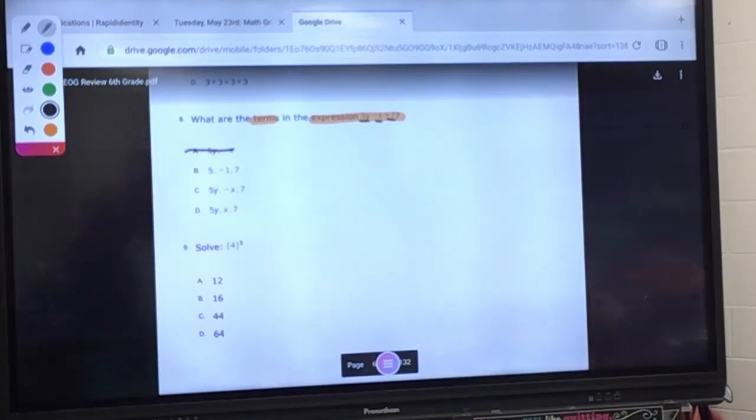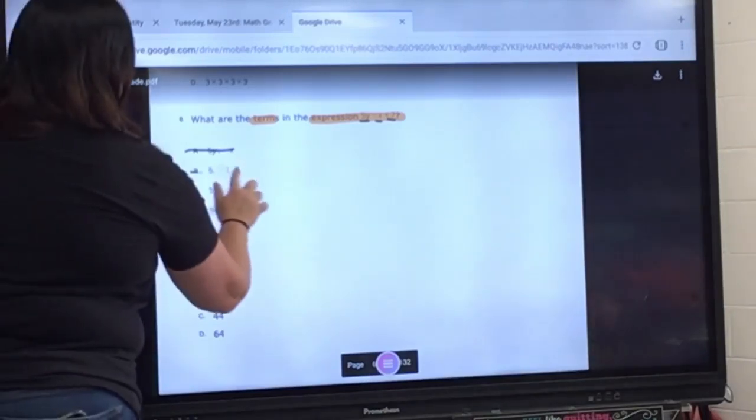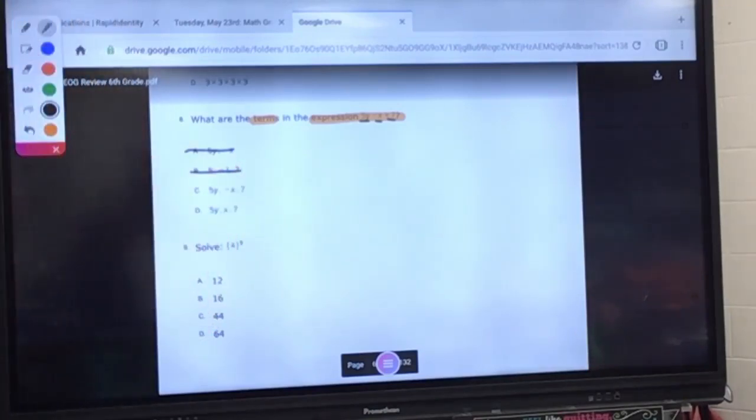Is that our correct answer? So we're kind of hesitant, but the majority of us are saying no. Okay, why would this not be our answer? Zoe? Because there's a random minus 1 there. There's a random minus 1, and what is the 5 missing? The y. So remember, it's not just numbers, it's numbers and variables that will go into this.